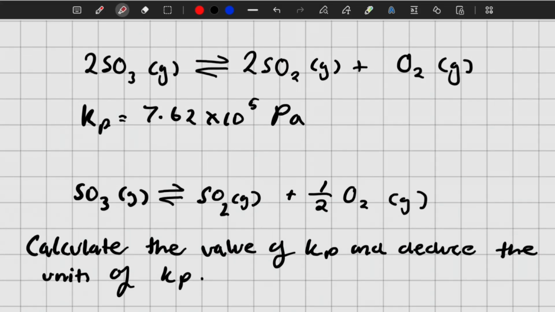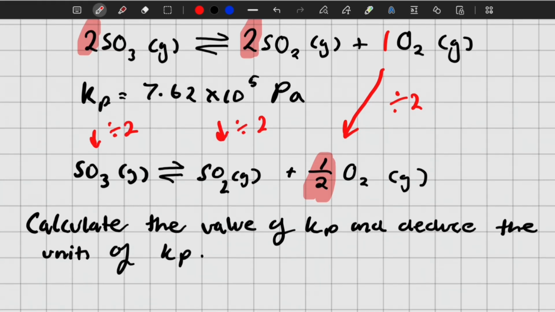Now, what I notice here is that there's 2 moles of this, 2 moles of that, and 1 mole of oxygen. So in order for 1 to get to a half, you need to divide by 2. Basically they just divided the whole thing by 2.